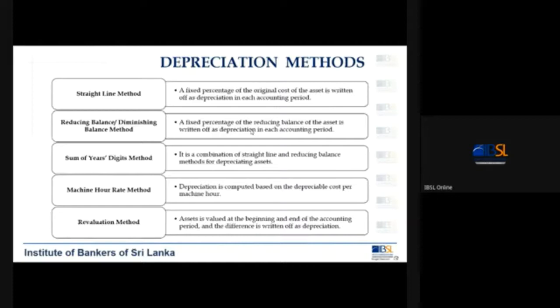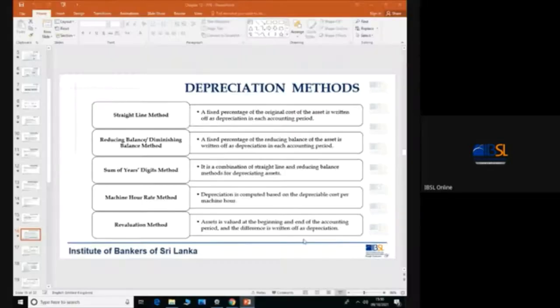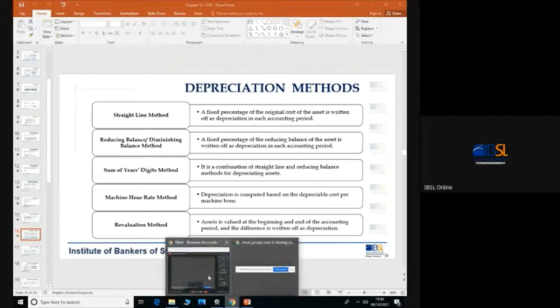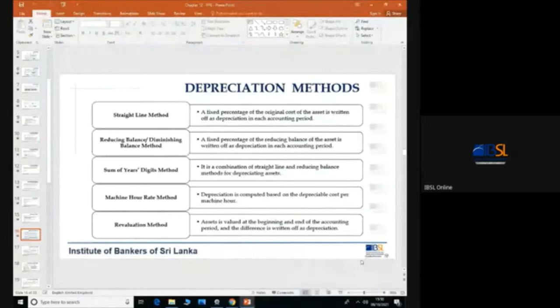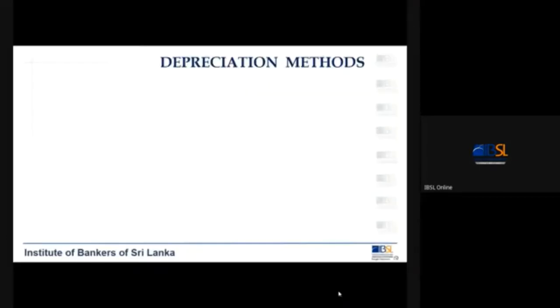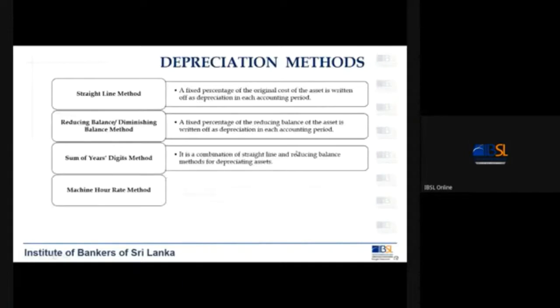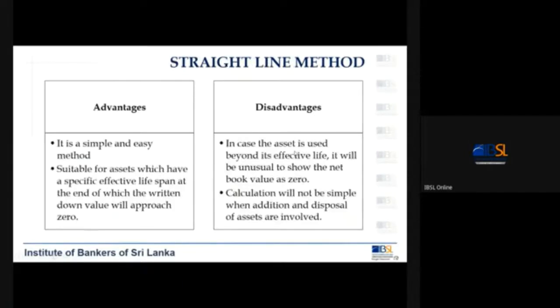That is another indicator that you can use. And finally, the revaluation method. Let's go into detail of each of these methods now.